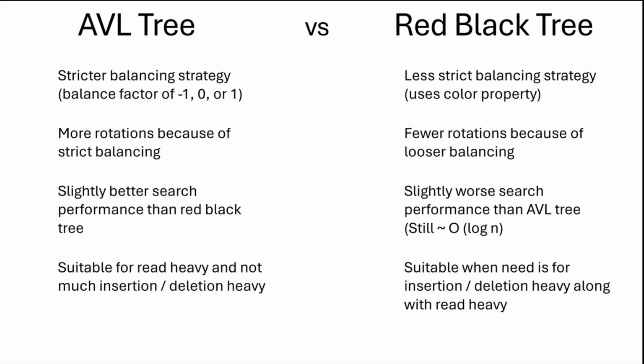Then we understood the properties of the red black tree, why we need a red black tree if we already have AVL tree, and how it is used in real life cases like standard template libraries and in-memory database indexing, because of the proper balancing it provides.